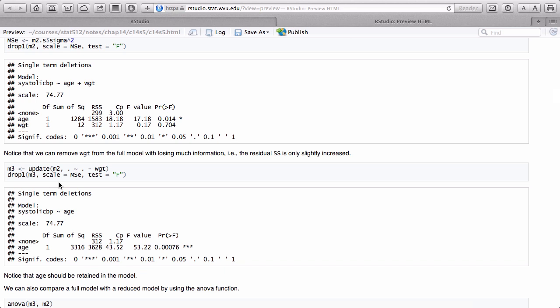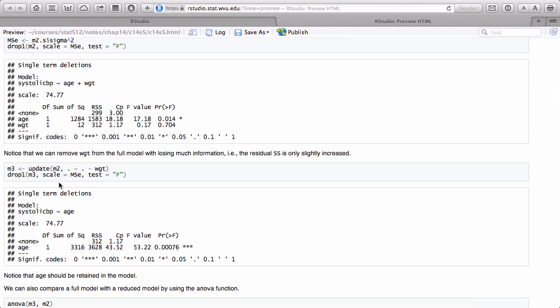So I'm going to take the y variable tilde the x variables from M2, and subtract weight from it. In other words, I'm going to remove weight from the model. So M3 will only have age and intercept. It will not have weight. So that update is a nice little function that lets you update a model by adding or subtracting terms.